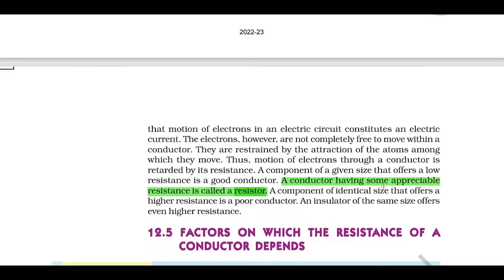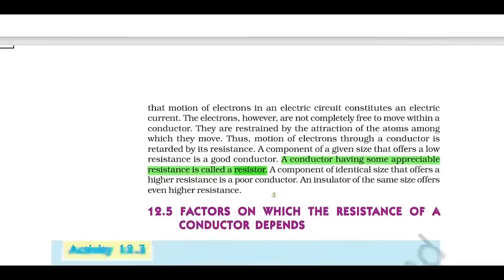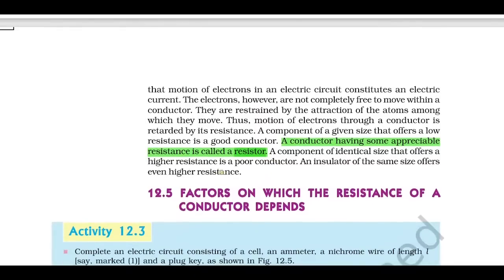A conductor having some appreciable resistance is called a resistor. Resistor offers resistance. So a component having higher resistance is called a poor conductor. A component having low resistance is called a good conductor. And an insulator will have a very high value of resistance.